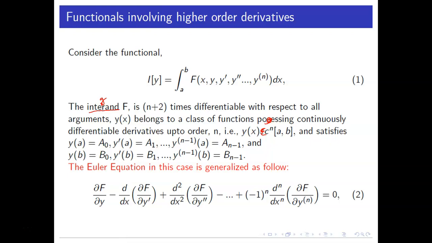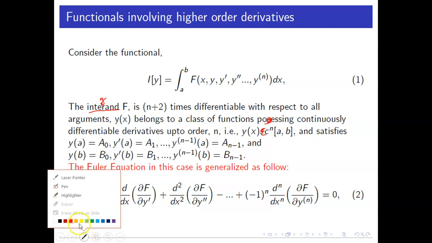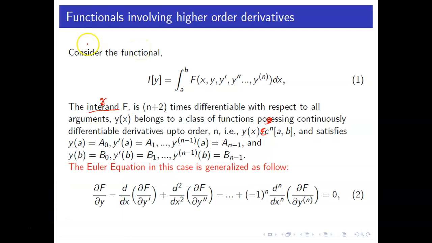So first, in the very basic functional form of the Euler equation, we have I(y) equal to the integral from a to b of f(x, y, y') dx.